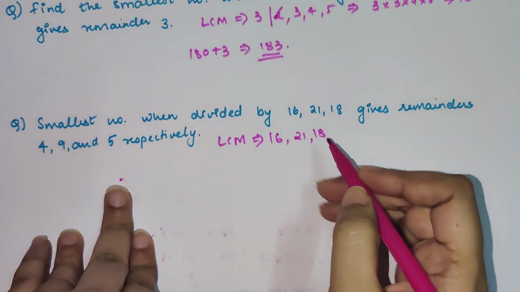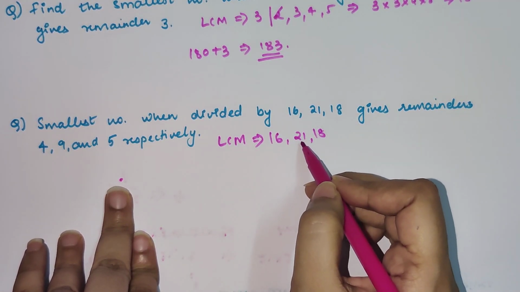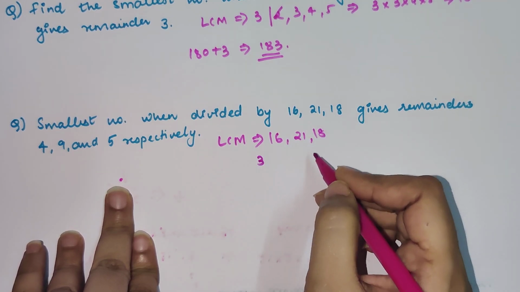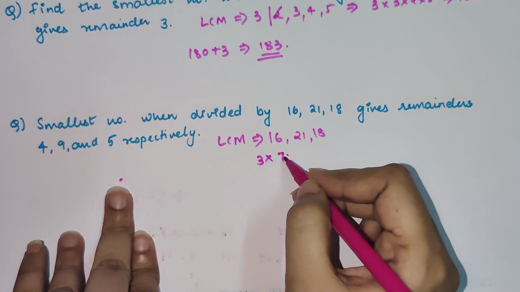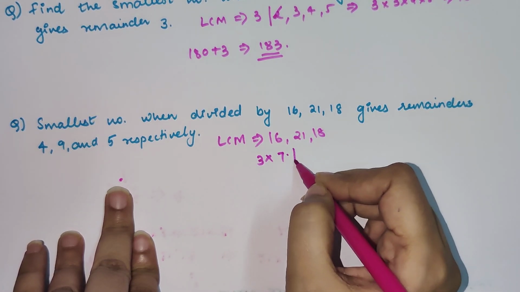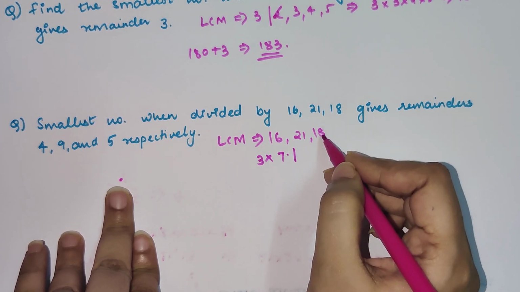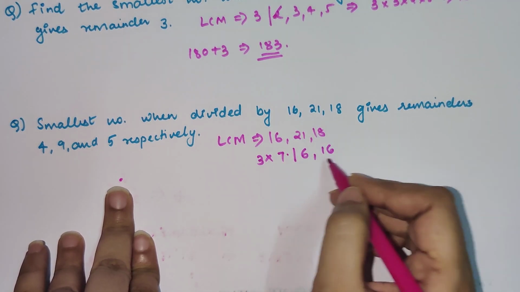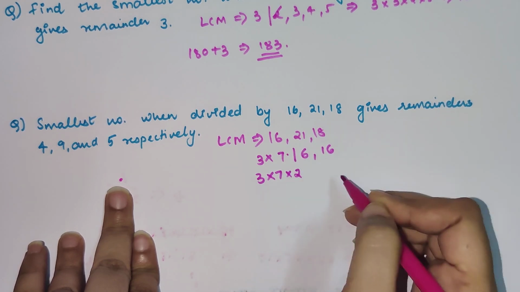Okay. Now we know, what is common between 21 and 18? We have 3 common. So here you will get 3 into 7, and then if you take 18 and divide by 3, you're getting 6 and 16. Okay, so what else you can take common is 3 into 7 into, again you can take 2 common, right?